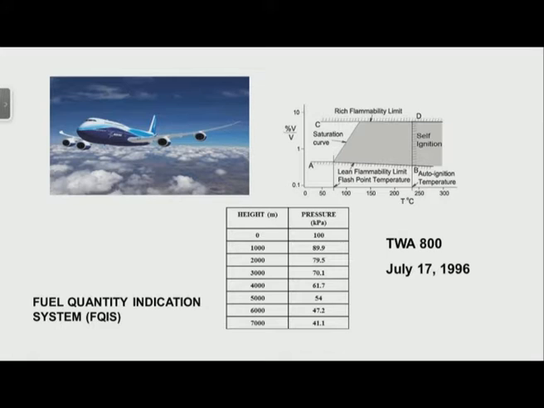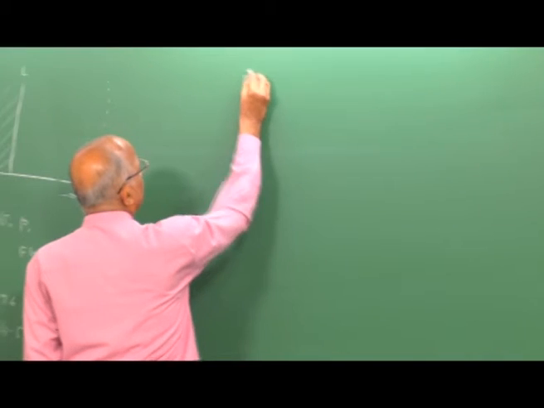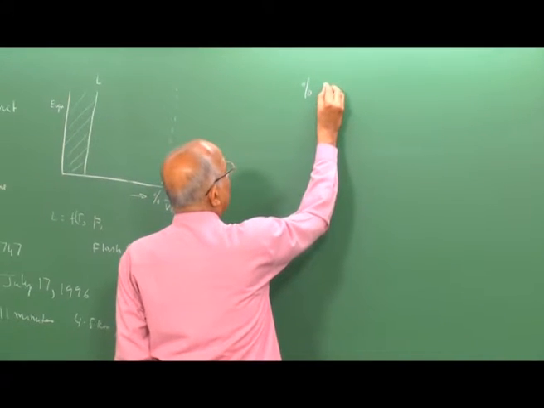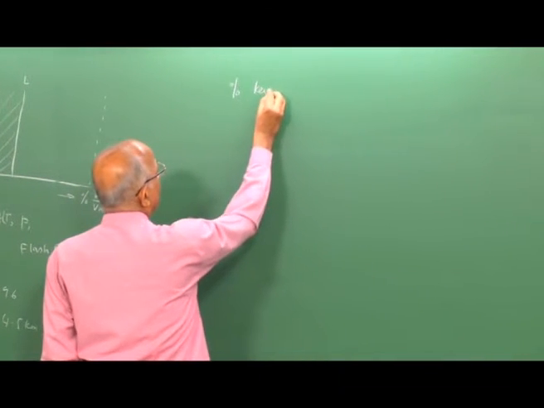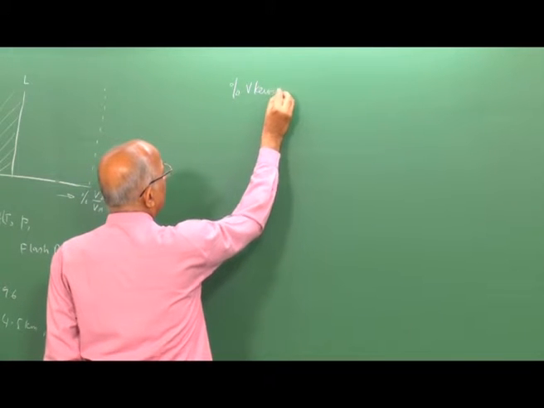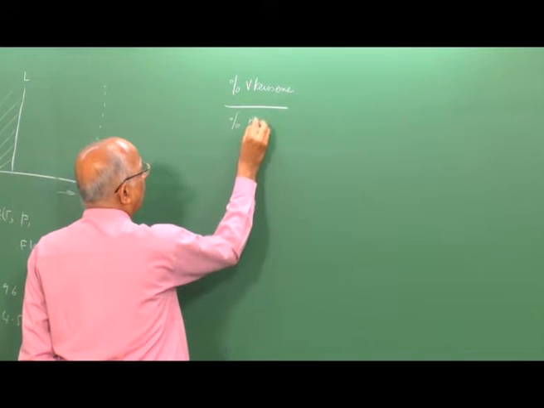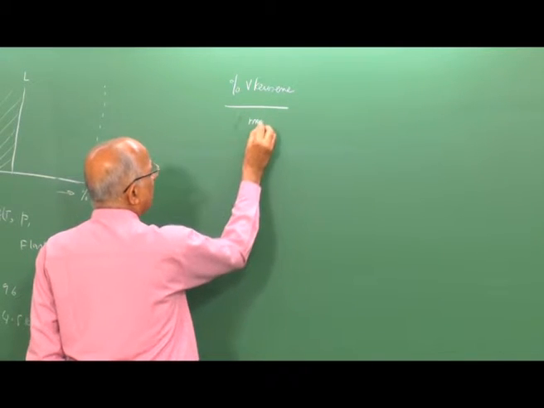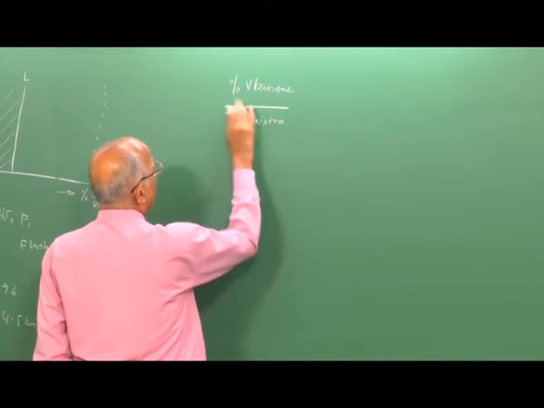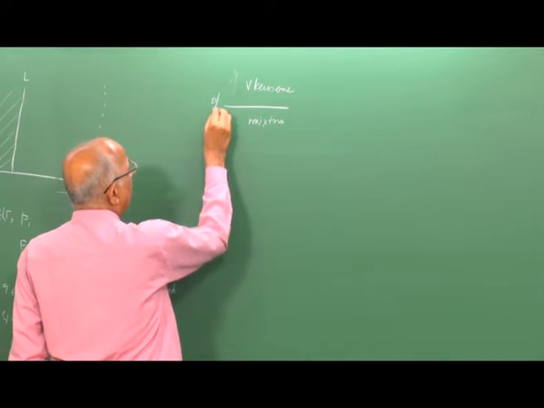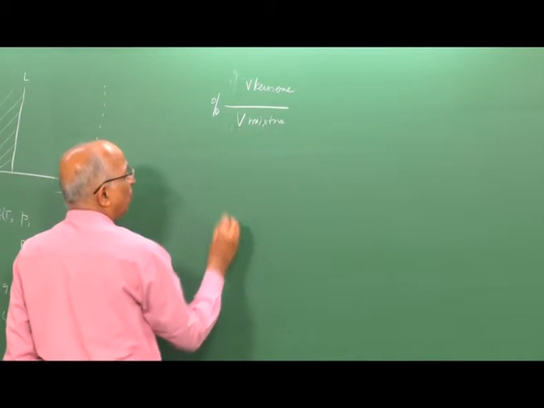Therefore, for the mixture which is formed, if I were to go to the board and write it out, I say the percentage volume of kerosene divided by volume of mixture.